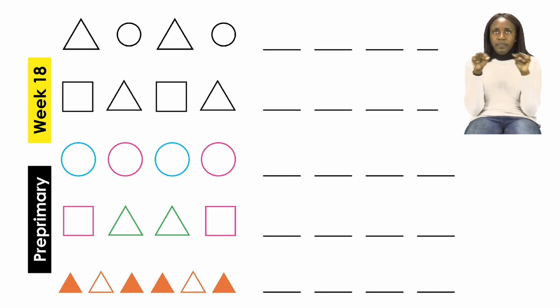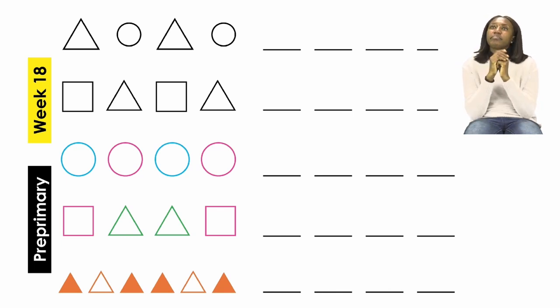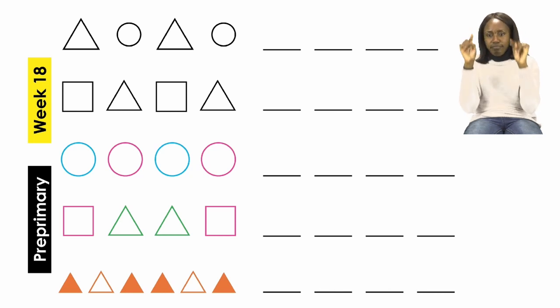Can you draw another square for me? Good job. Now after this square, what shape do you need next to complete this pattern? A triangle. Good job. And then you draw your triangle.